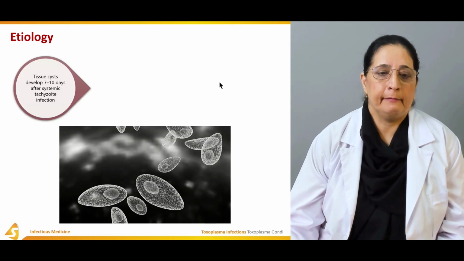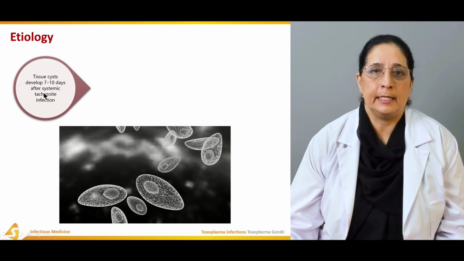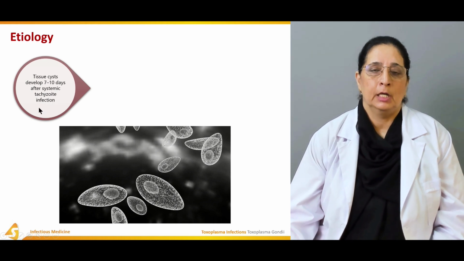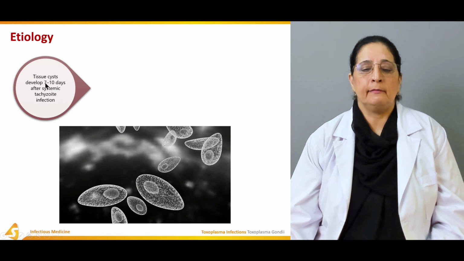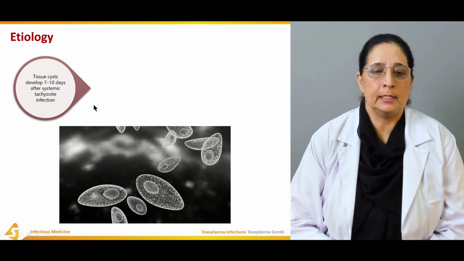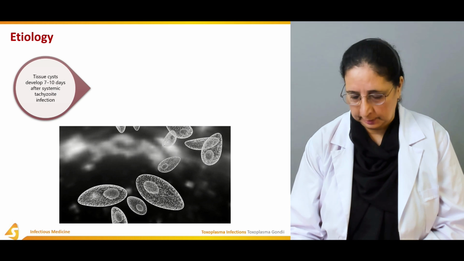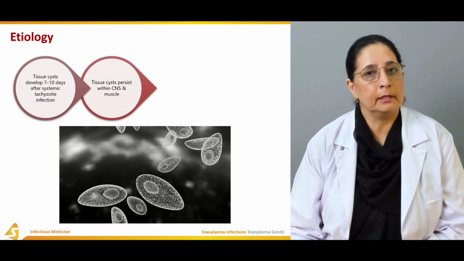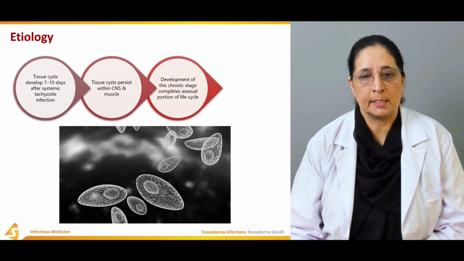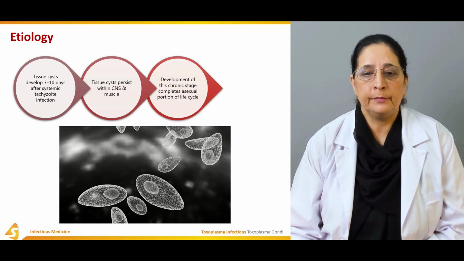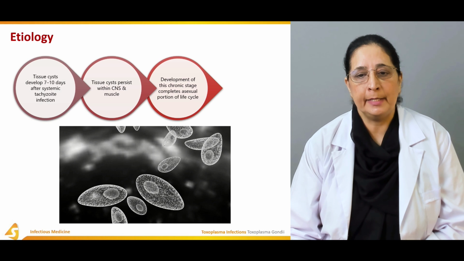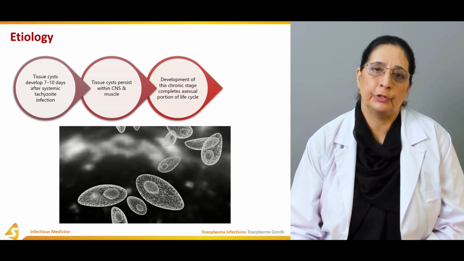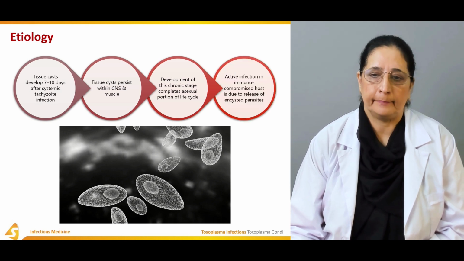Tissue cysts develop 7 to 10 days after systemic tachyzoite infection. Tissue cysts persist within the central nervous system and the muscles. Development of this chronic stage completes the asexual portion of the life cycle.